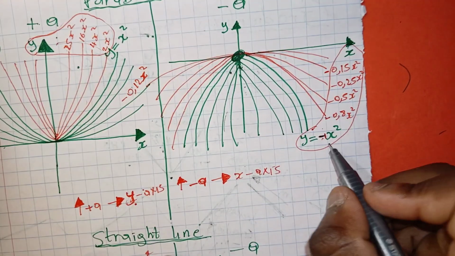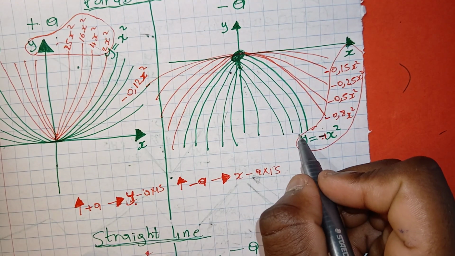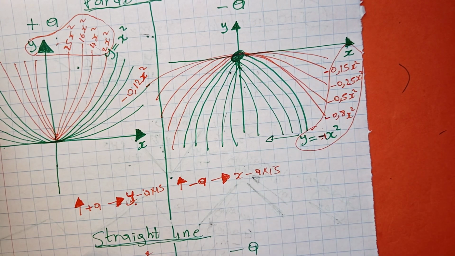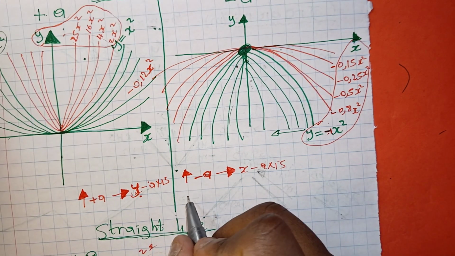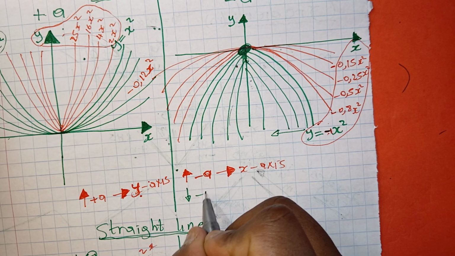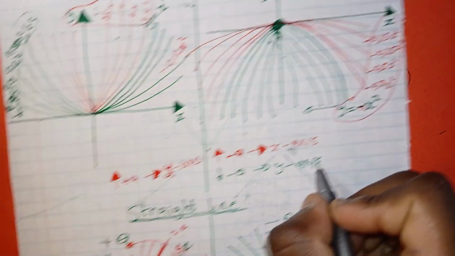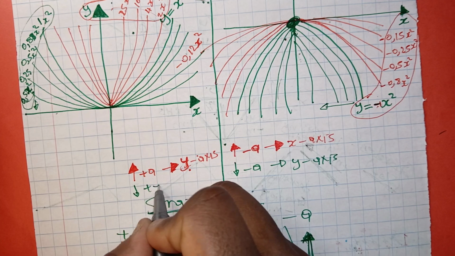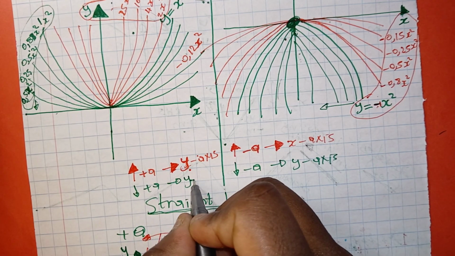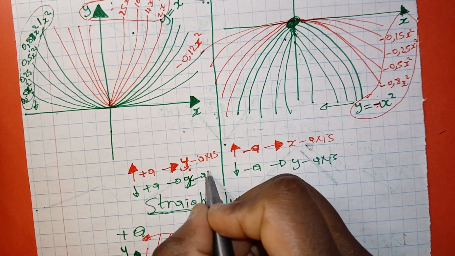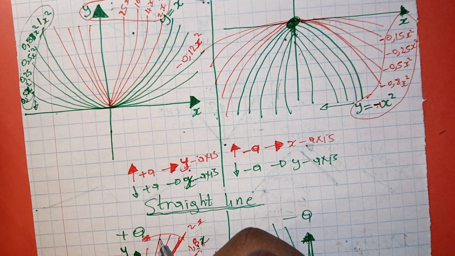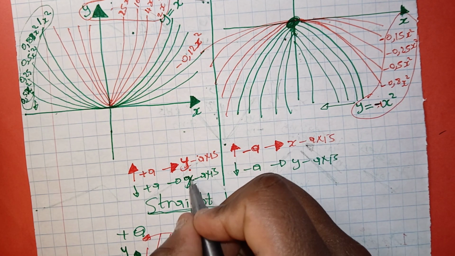So as I decrease the negative gradient, I'm approaching the y value. But as I decrease a positive gradient, I'm approaching the x-axis. Do you see? Yeah.